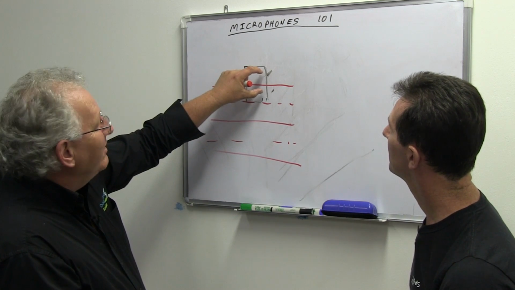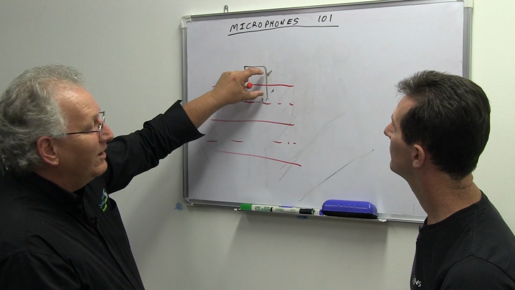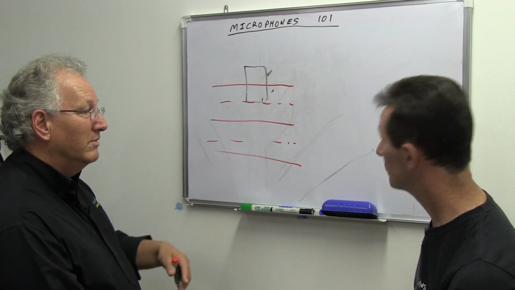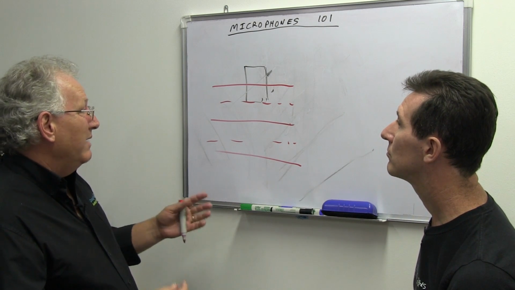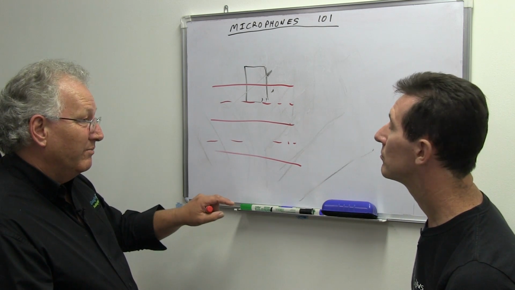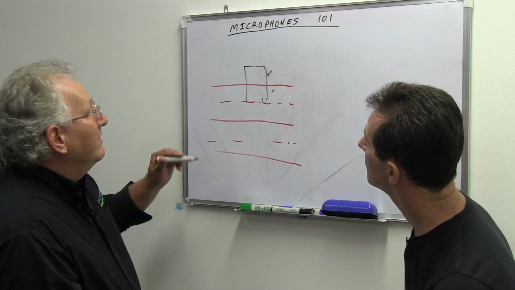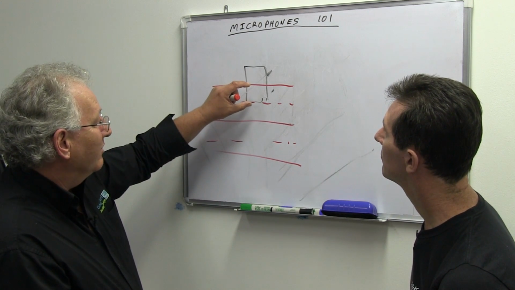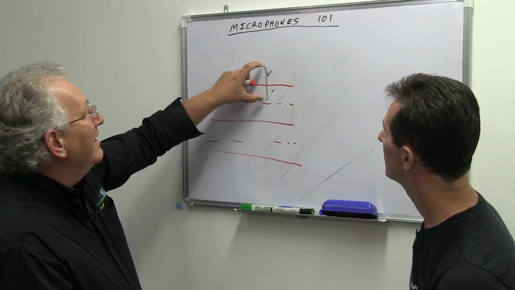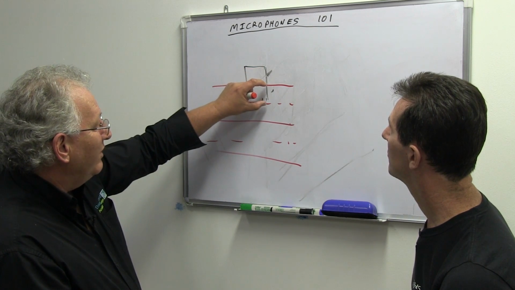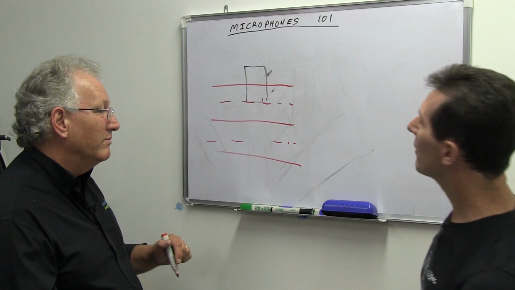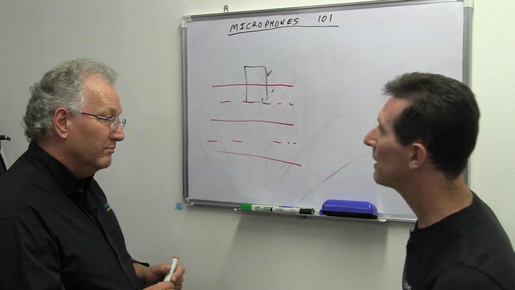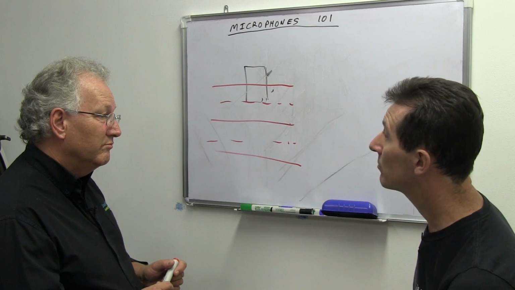Simultaneously on the diaphragm, you're going to have a positive pressure peak and a negative pressure peak. They're going to cancel. So the frequency response from the side is going to be damn near zero at that frequency. When the diaphragm comes to be equal to pretty much a half wavelength, that's when you're going to get a null. How can it be though, because audio is such a massive wavelength?